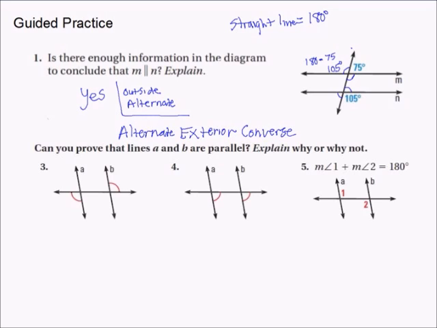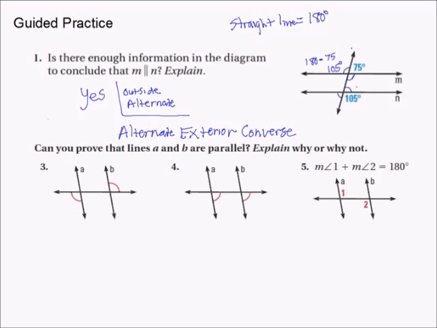I'm going to do the same exact problem except in red. So let's figure out, what if we had this one right here? Well, remember, again, a straight line means 180 degrees, so this would be 105. I'm sorry, no, that is not true. I apologize.